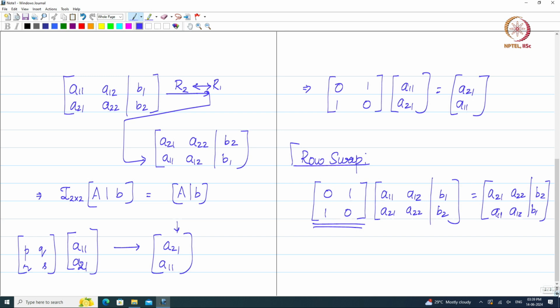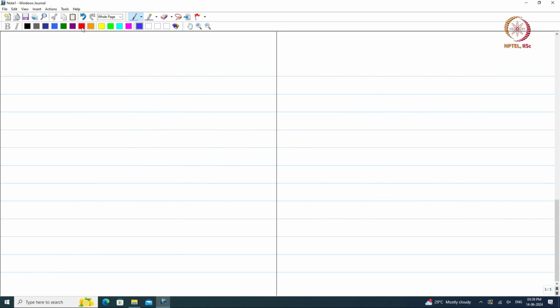Now, how are we going to effect the second row operation, where we look at replacing a row with a scalar multiple of the same row?